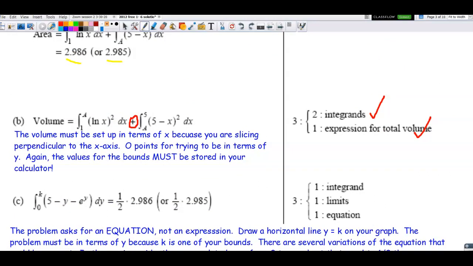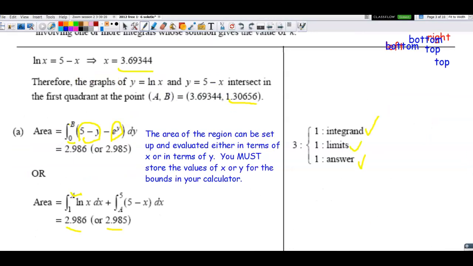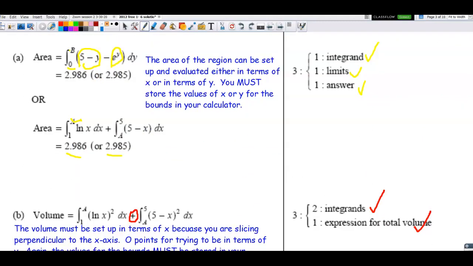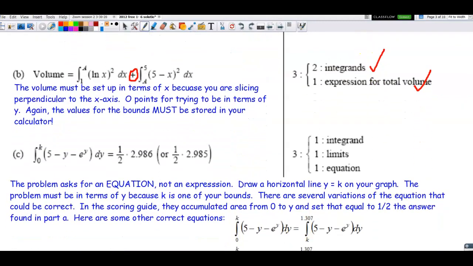So now we're going to have to go in terms of y, because we are accumulating up to a y value. So we're accumulating the area from 0 to k, that's the y value, so we're sweeping upwards, and we're going to do the right curve minus the left curve, which is what was done earlier in terms of y, and that's going to equal half of the answer that we produced earlier.